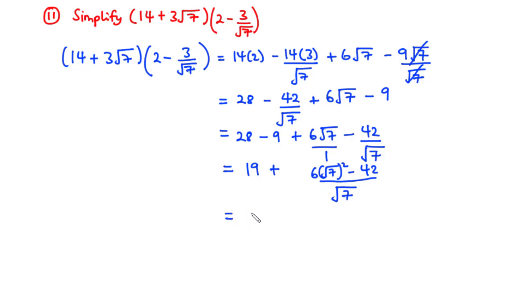So this further becomes 19 plus, now let me put this in the brackets. So 19 plus, the square cancels the square root. So we have 6 times 7, which is 42, minus 42 over root 7.